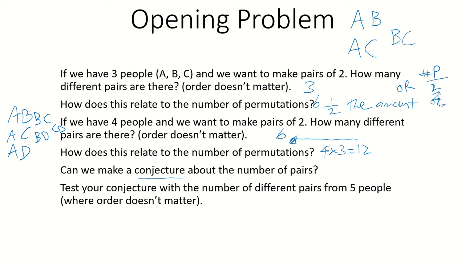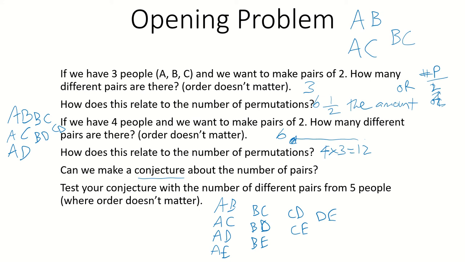And then, if you tested it, so for 5, now we would have had AB, AC, AD, AE, BC, BD, BE, CD, CE, DE, and then these are all covered.